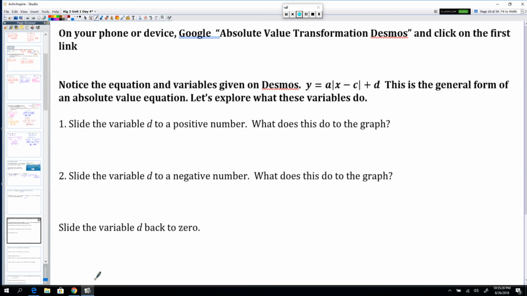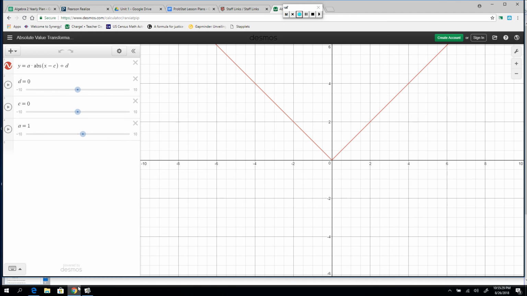Now the directions ask you to first slide the variable d to a positive number and take a look at what that does to the graph. And we can do that. If we slide the variable d to a positive number, let's take a look at what that means. As we go positive, what does the graph do? It moves it up. It moves it up above the x-axis.